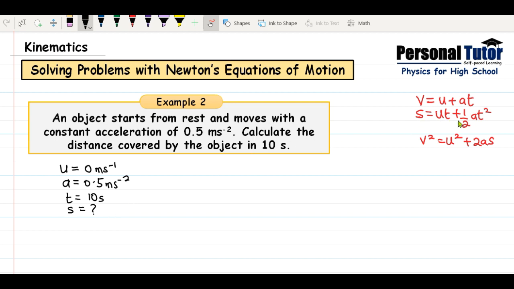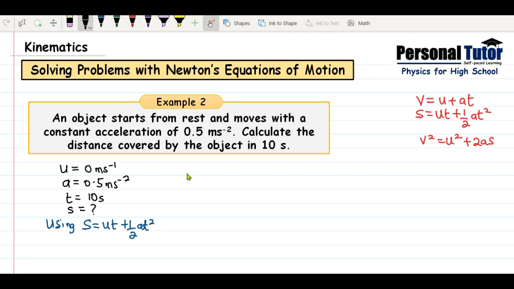We need u, t, and a. Is u given? Yes, 0. t, 10. a, 0.5. And so the equation that qualifies to solve this problem is s equals ut plus half at squared.